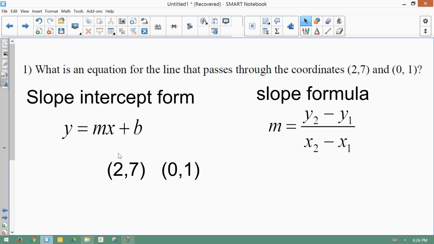Since this is our first pair, we'll call it x1, y1.